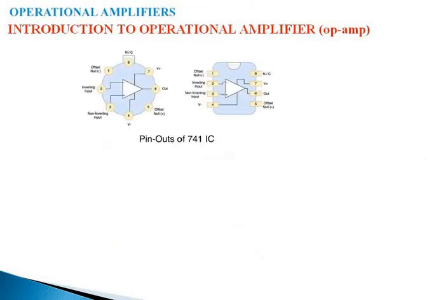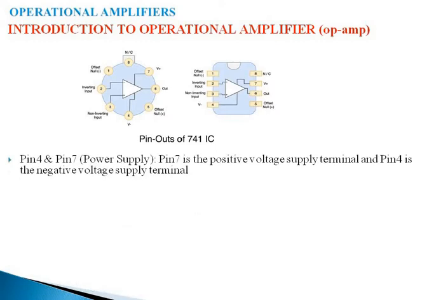Now we can see the pinout diagram of 741 IC. First, pin 4 and pin 7, that is the power supply. Pin 7 is the positive voltage supply terminal and pin 4 is the negative voltage supply terminal. The 741 IC draws in power for its operation from these pins. The voltage between these two pins can be anywhere between 5 volt and 18 volt.